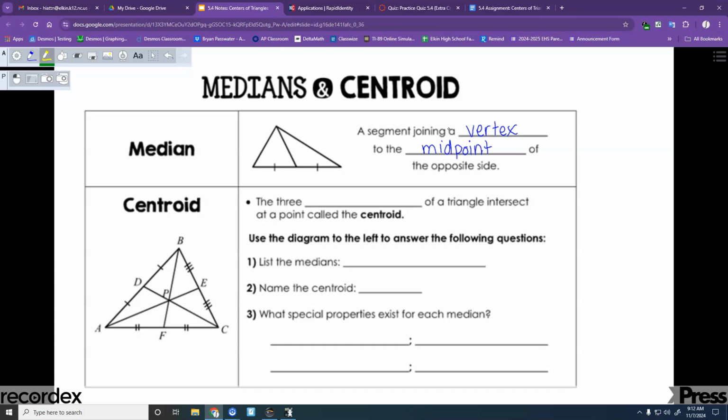Okay, so on that picture right there, this right here is your median. It does split these sides in half, but it is not perpendicular like we saw before. It goes from the vertex to the opposite side.